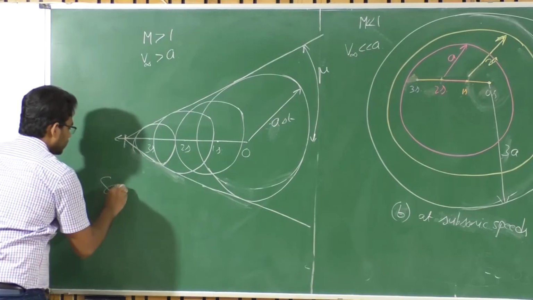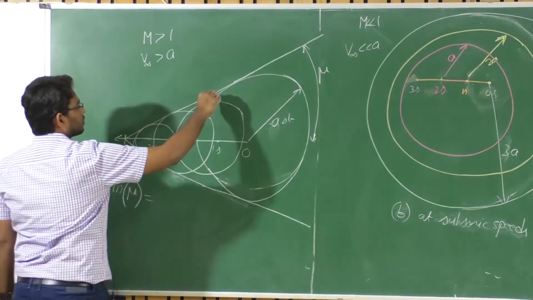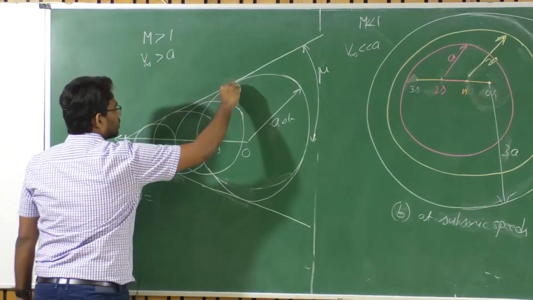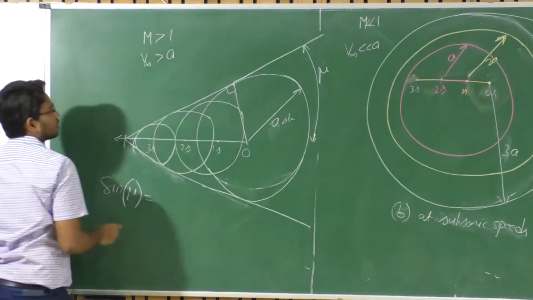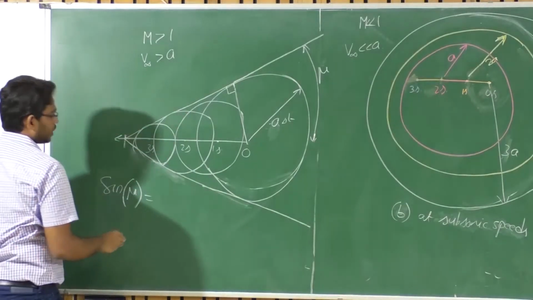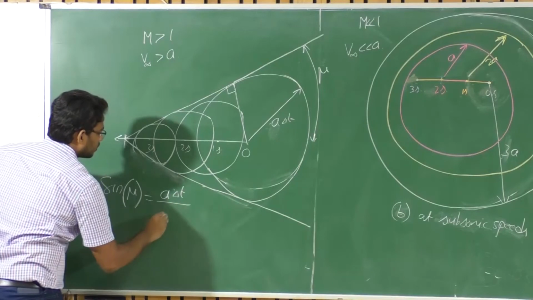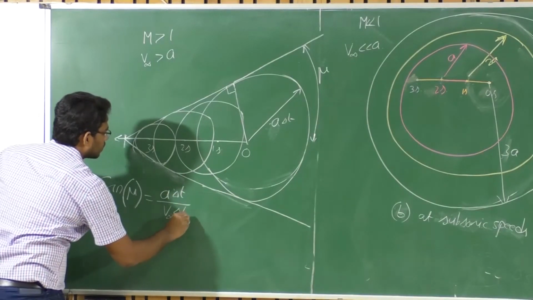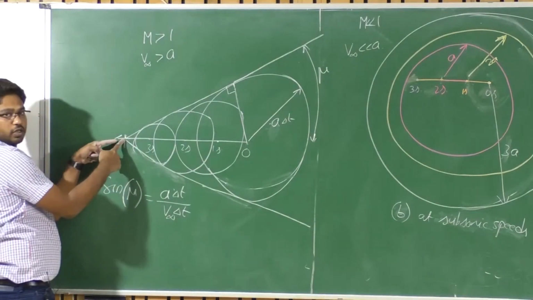Where sine mu is given by, sine mu is what? Opposite by hypotenuse. This is the tangent, and this is the diameter, which is perpendicular to the tangent. What I have is a times delta t upon V infinity, the velocity at which you are traveling, times delta t, if you have reached this particular location.